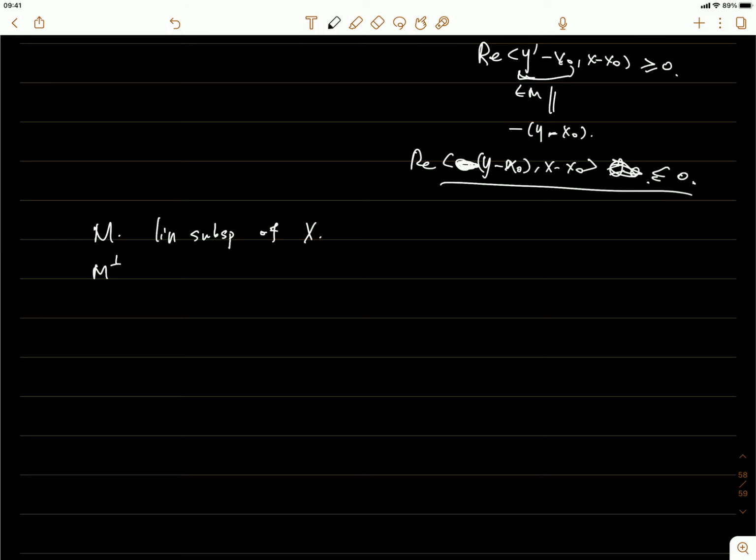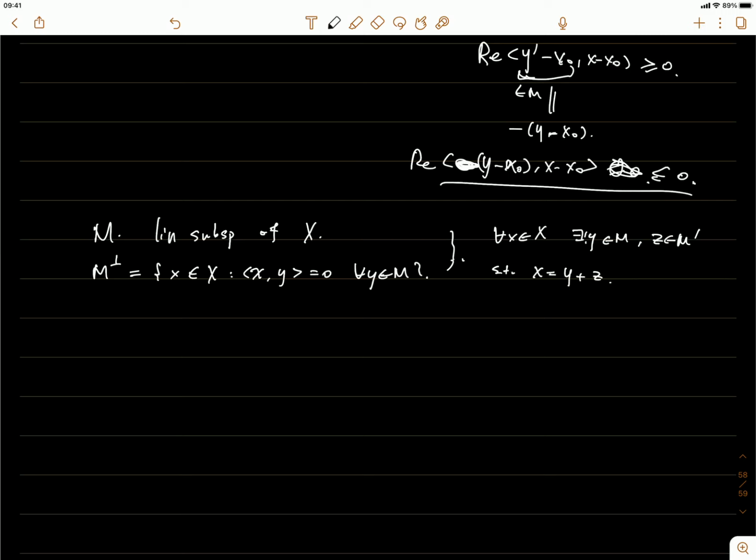Remember that M perp denotes all the x in X such that x is perpendicular to y for any y in M. Then we can show that if we have this inner product structure, then for any x in X, there exists a y in M and a z in M perp, and they're unique, such that x equals y plus z. This is like the direct sum: X is a direct sum of M and M perp.